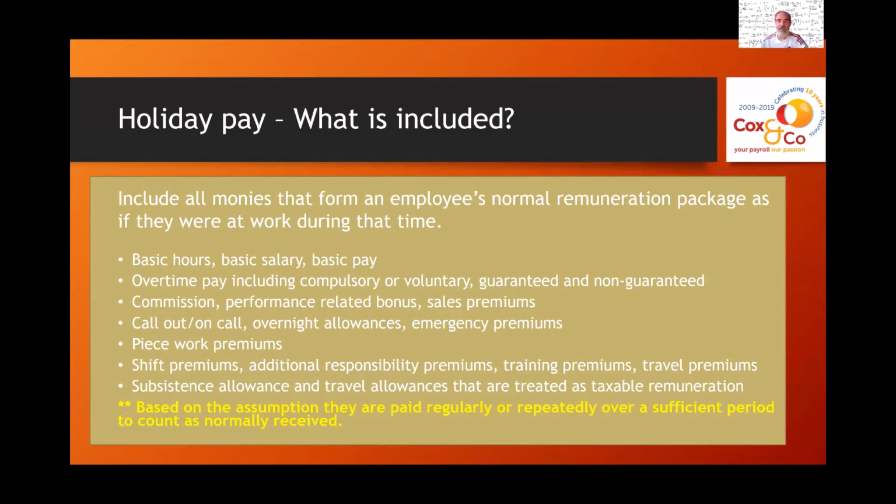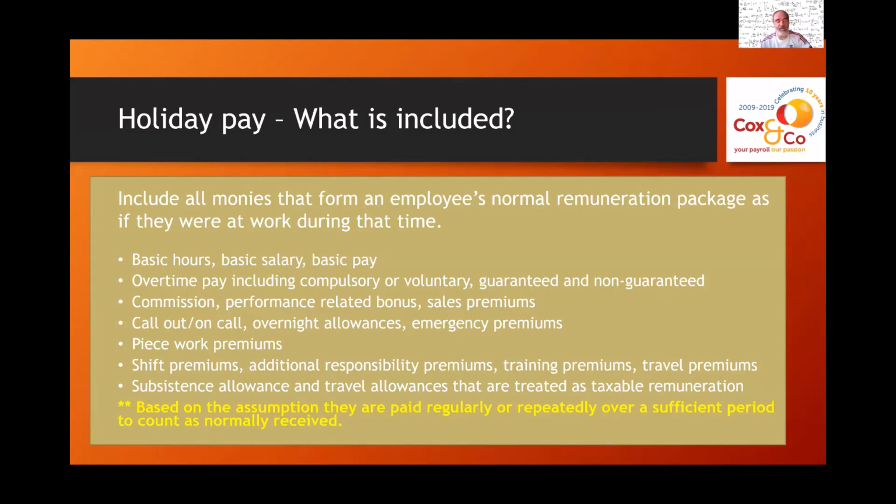And there we have it, yet another grayish, it's actually yellow in this case, but I consider it a gray area. What is regular? What is sufficient? Is it repeatedly? You pay your money, you take your choice. And I think certainly recent court cases have tested some of the limits of these terms.